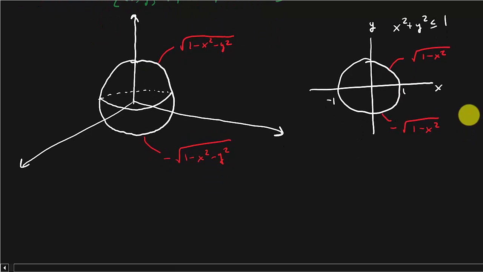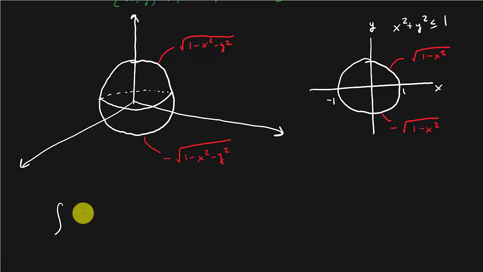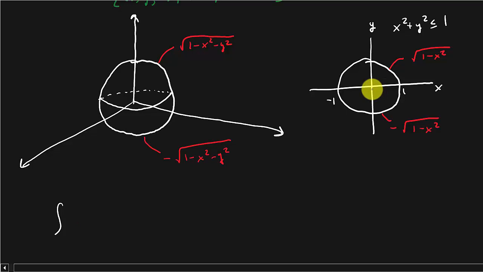So let's look at this if we set this up using rectangular coordinates. I've got the triple integral. We'll integrate with respect to z, y, and then x. If we integrate with respect to x, that's going to be from 0 to 1.